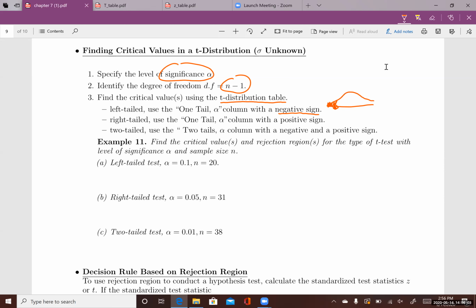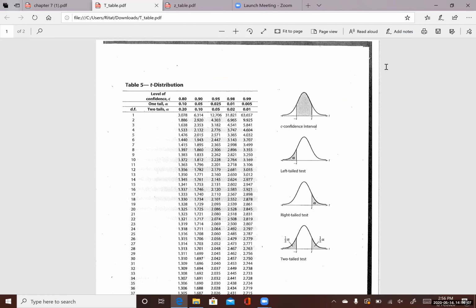Okay. For an example, if we go to the t-distributions, I go to the one tail, left tail or right tail. I can use this row here, one tail, right? And then I can use a degree of freedom in order to find the t critical values.